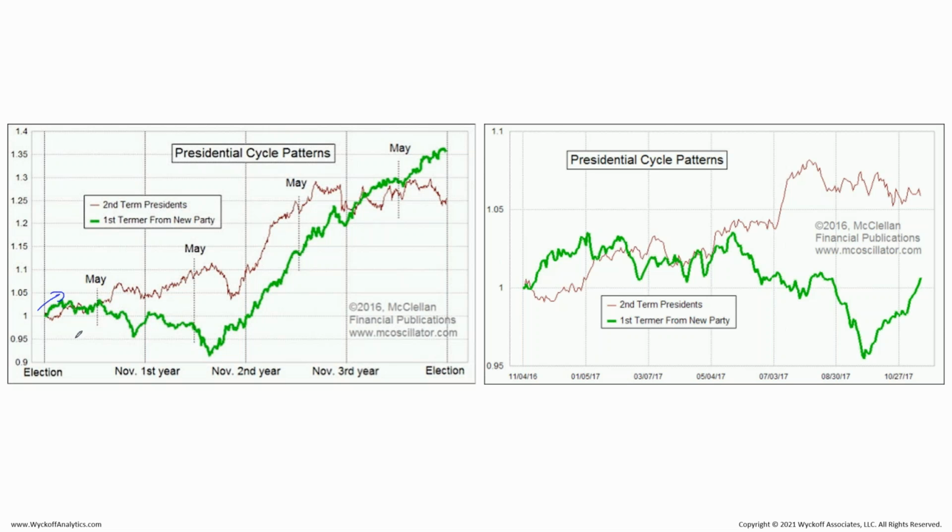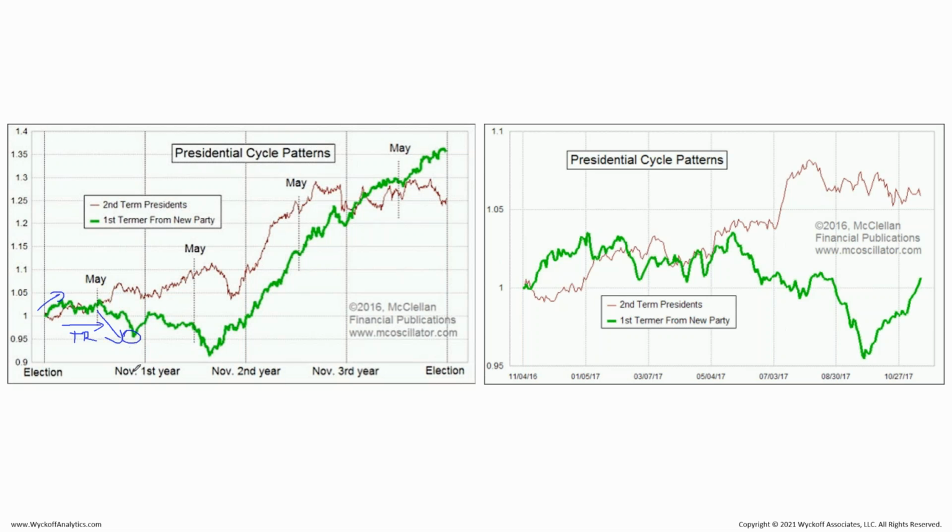It's exactly what we have now, is that we have a first term president who's coming in, who's from the party that was out of power. And so in the first election year, you can see that it tends to be a trading range for the first half of the year and into around May, and then there's weakness into the October-November period.